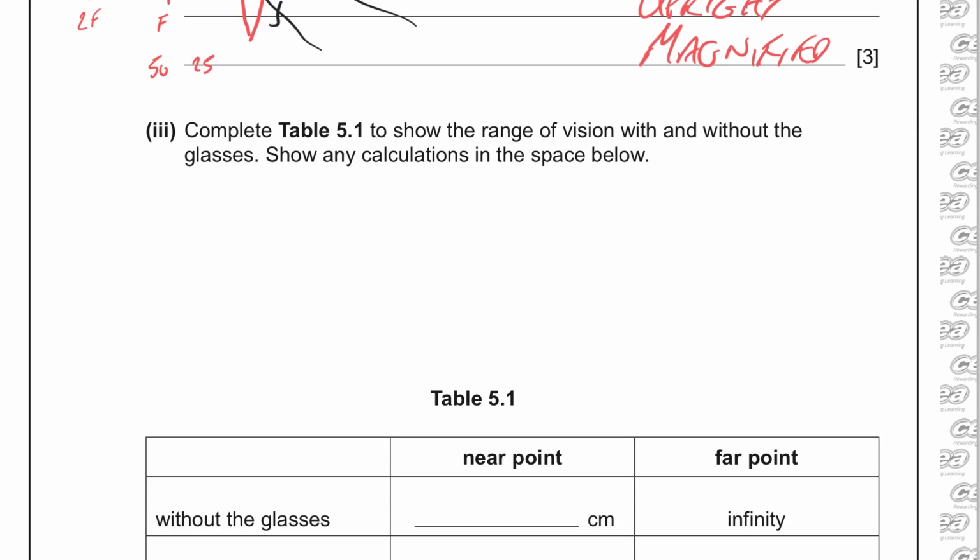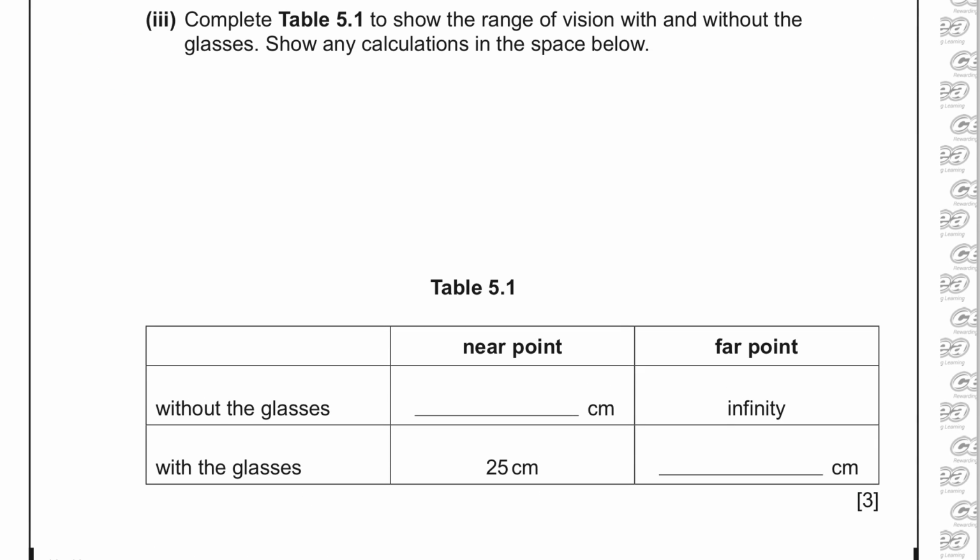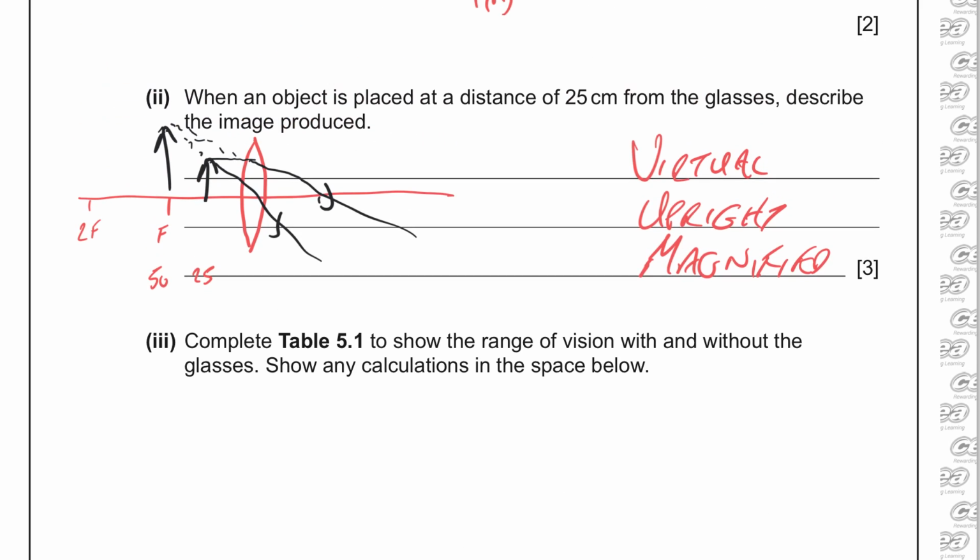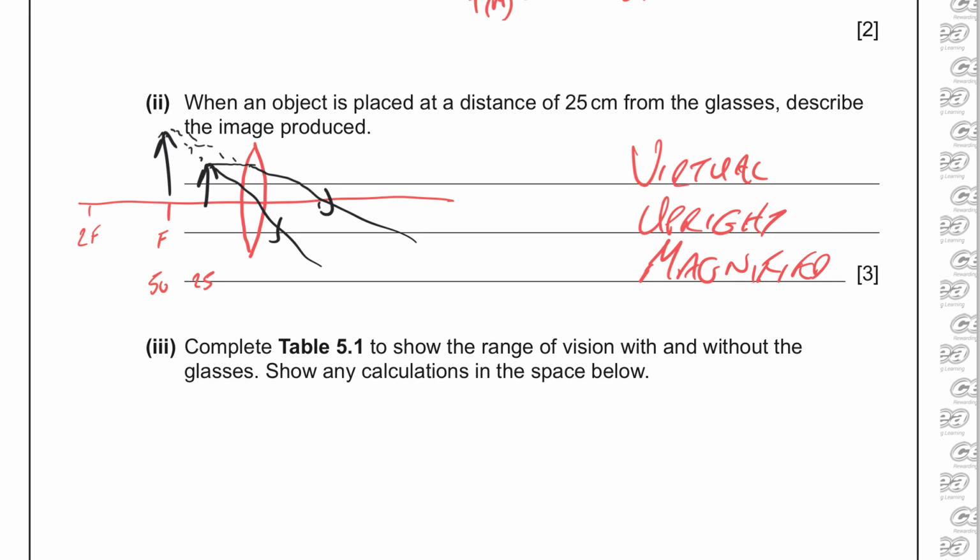Okay then, part 3, complete the table 5.1 to show the range of vision with and without the glasses. Show any calculations in the space below. Now, for this first one without the glasses, we can see in our diagram here that when we put an object halfway out, the image will form here.